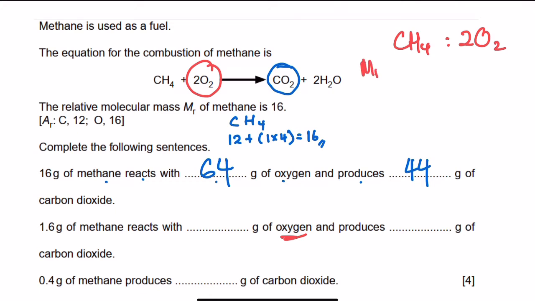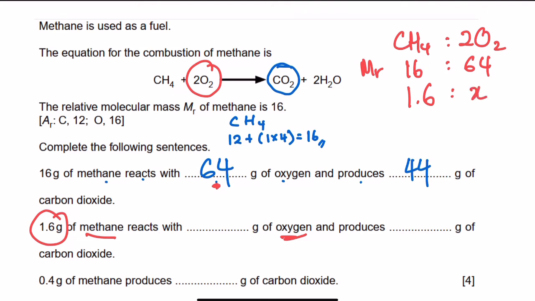So MR of methane is 16. Just now we calculated 2 of oxygen is 64. So what is given from the question? 1.6, right, of methane. So we put this 1.6 underneath the methane column. Put the ratio. So how much of oxygen? We don't know, right? So therefore we put an unknown x.